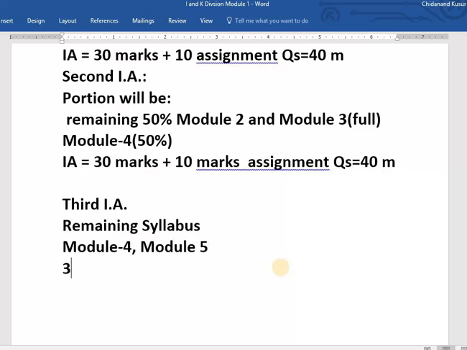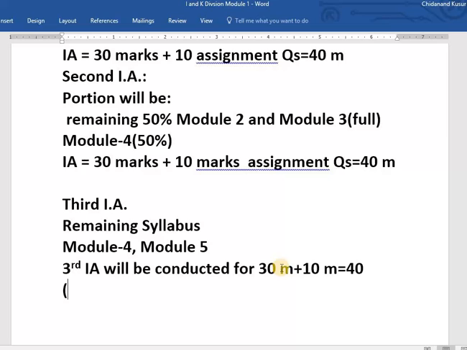Again, third IA will be conducted for 30 marks plus 10 marks assignment. Again it carries 40. Then the average of all three, 40 plus 40 plus 40 divided by 3, that is 40.